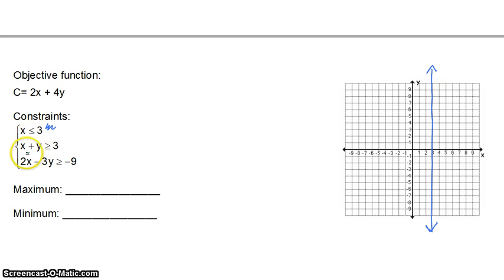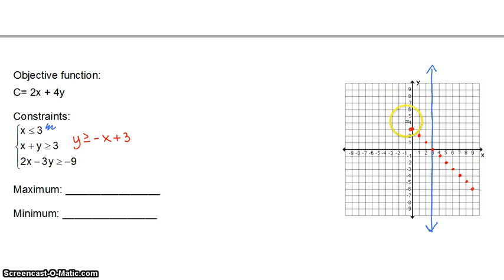And then we have x plus y is greater than or equal to 3. We move our x over, so we've got y is greater than or equal to negative x plus 3. We start at our y-intercept of 3. We have a slope of negative 1, so we go down 1, right 1. We see that that's going to intersect our blue line. We're going to keep going.